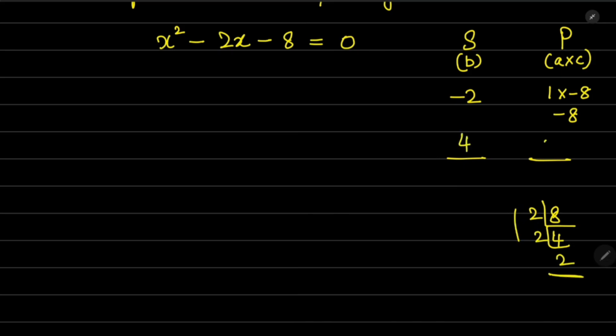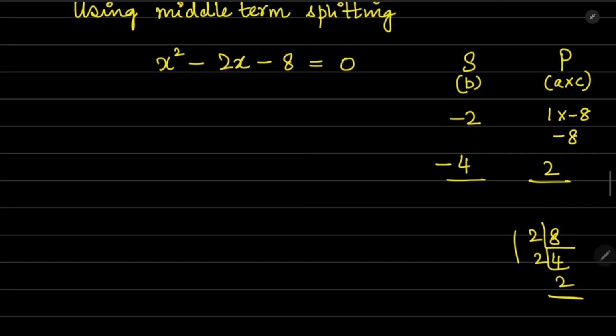So 4 and 2. If you multiply 4 and 2, you will get 8. If you add it up, you should get minus 2, so I will put a negative sign on 4. So minus 4 and plus 2. You can verify it: minus 4 plus 2 will give you minus 2, and minus 4 into 2 will give you minus 8.